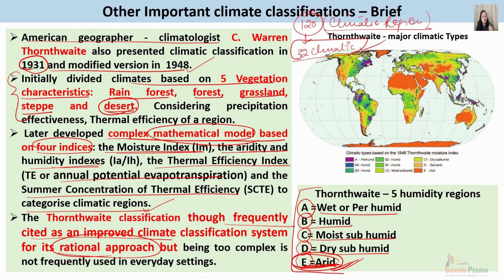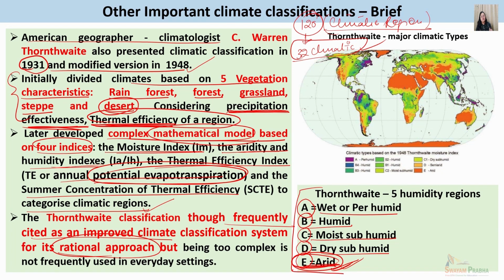So the basis of Thornthwaite's model was precipitation effectiveness and thermal efficiency. These 2 concepts were precisely developed by Thornthwaite later on, and based on precipitation effectiveness and thermal efficiency, he was able to categorize the climatic regions of the world and did not consider mere vegetation to be the indicator of climate. Besides this, he also gave a very important concept of potential evapotranspiration.